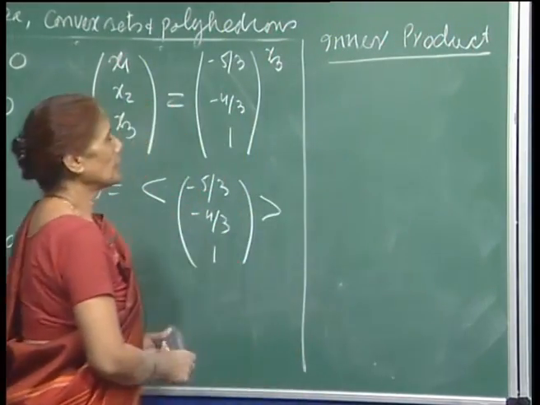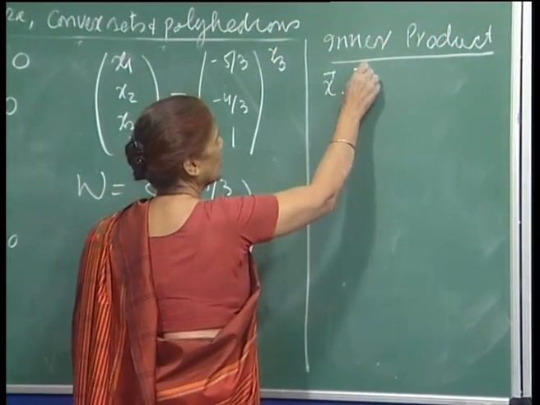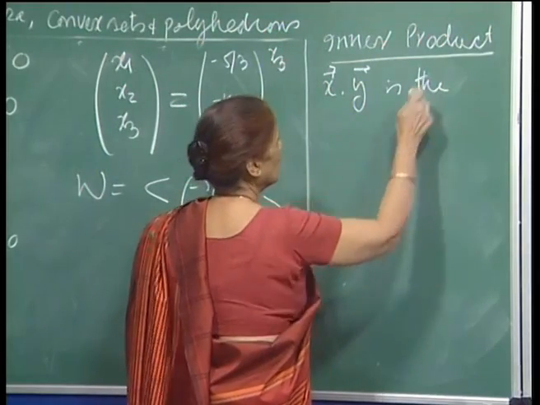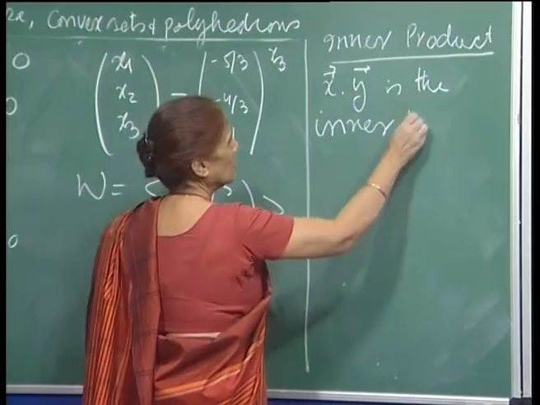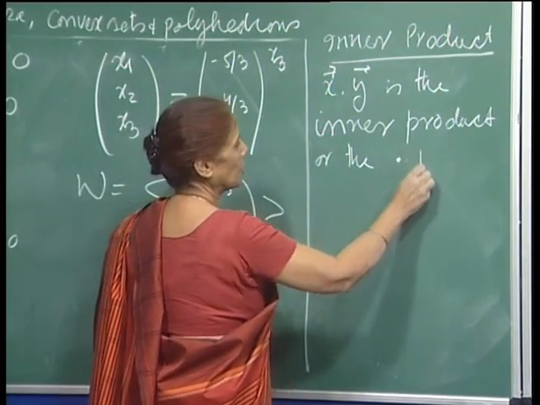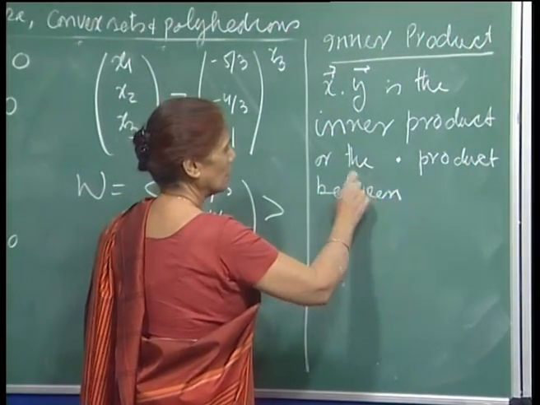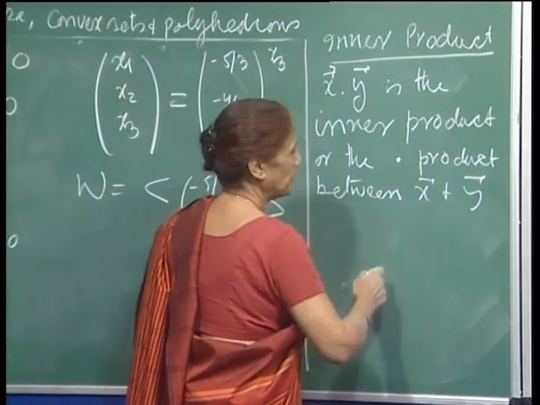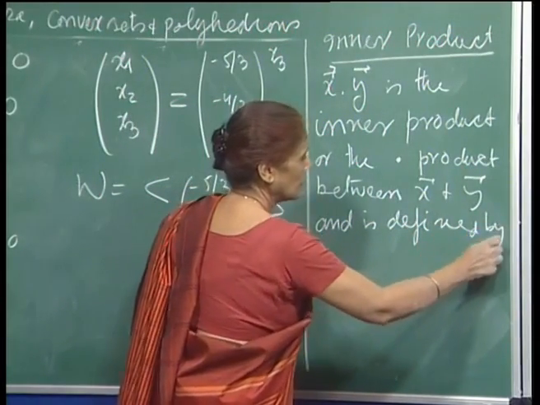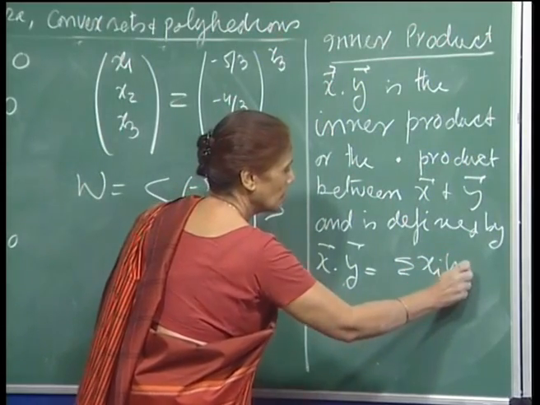So between two vectors x and y, I define the inner product, or the dot product, by x dot y equal to the summation of x_i y_i, with i varying from 1 to n.